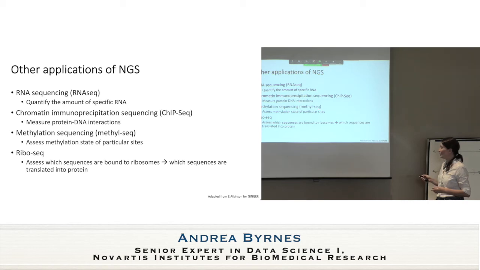Methylation sequencing, or methyl-seq, assesses the sites of methylation, so this is very relevant to epigenetics work. And also a data type that I've gotten to work with in the last year, RiboSeq, which assesses which sequences are bound to the ribosomes. So if you're not sure if you can do proteomics and you want to know what's being translated, you might look at what's being bound to ribosomes instead.